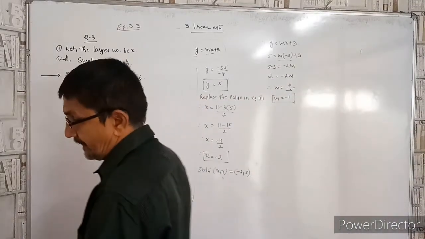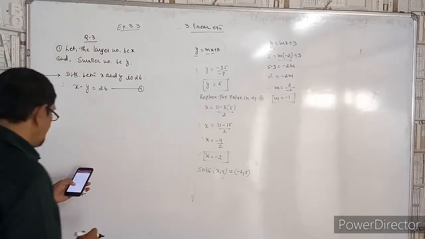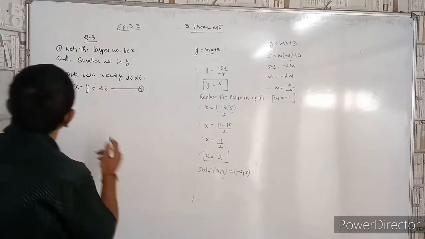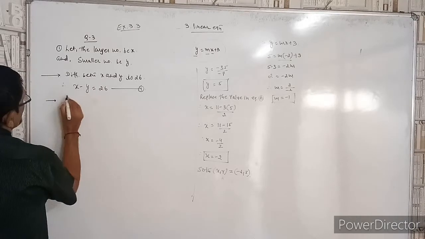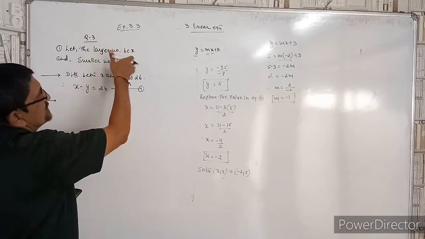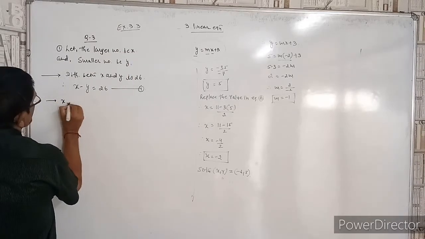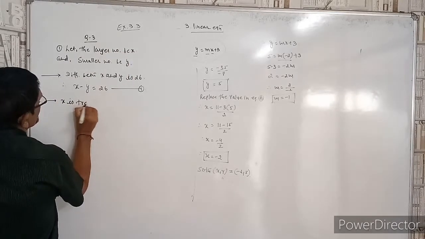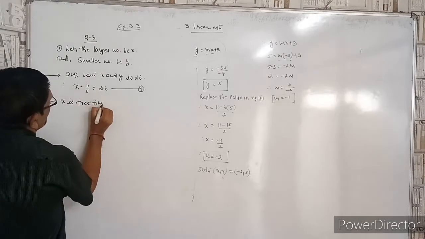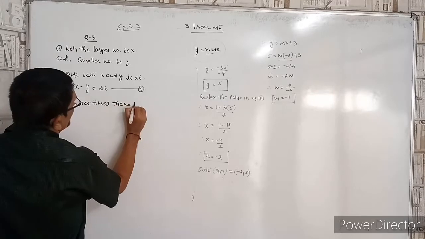Second, one number is 3 times the other. So one number, that means the greater number, the larger number, is 3 times the y, the smaller number. So x is 3 times the number y.